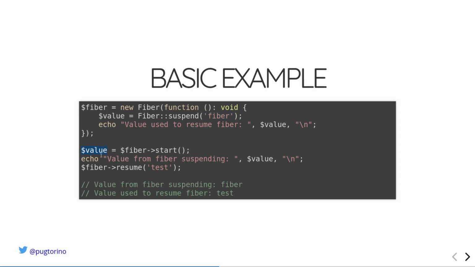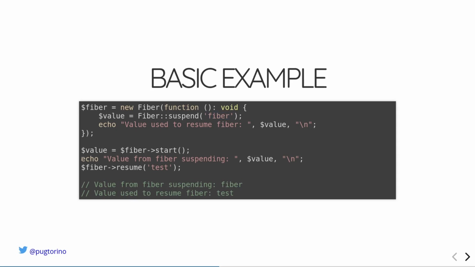So if we run this piece of code, the first echo here will print value from fiber suspending, and the $value will be fiber, because fiber is the parameter that we specify in the suspend.